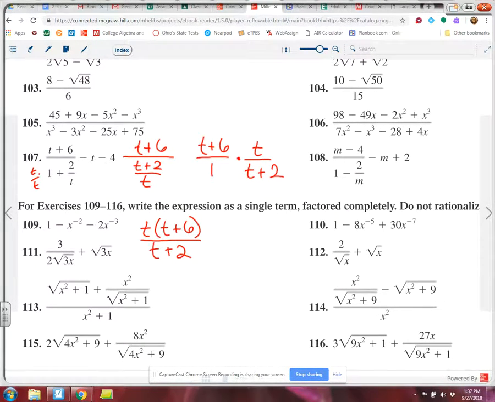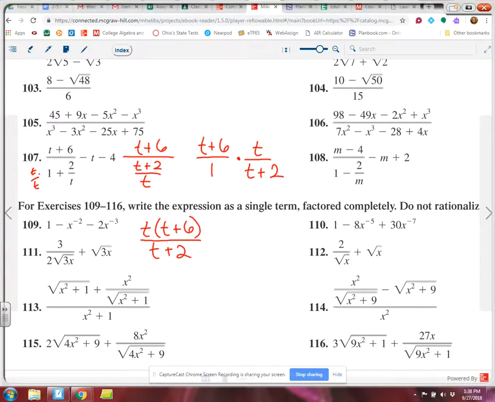Any questions? Is that going okay? Okay, so this needed to multiply by t over t, which made that t plus 2 all over t. Is that all right? So then this numerator I just put over 1.